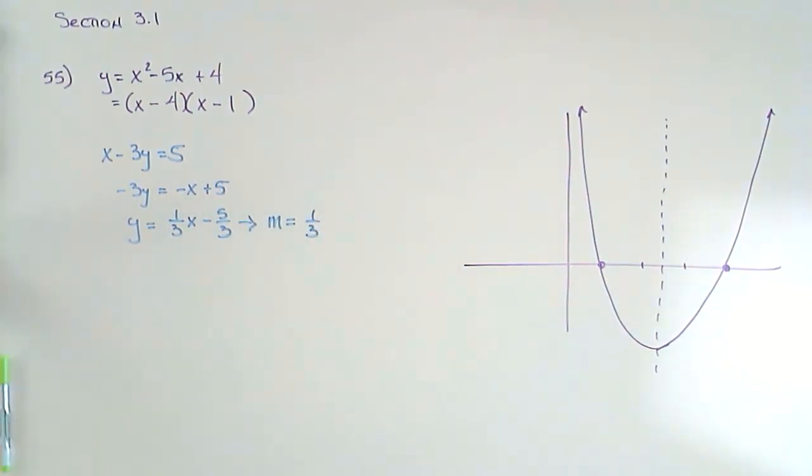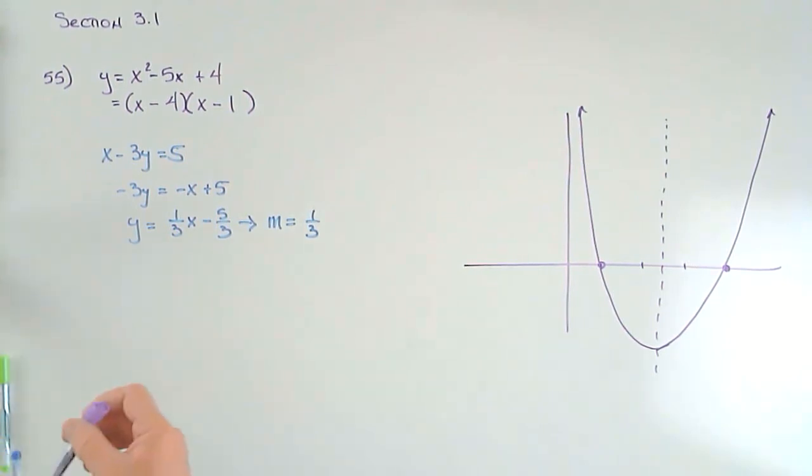Now, why do I care? Because it wants the normal line to the parabola to be parallel to this line. What does that mean? It means it has to have a slope of 1/3.